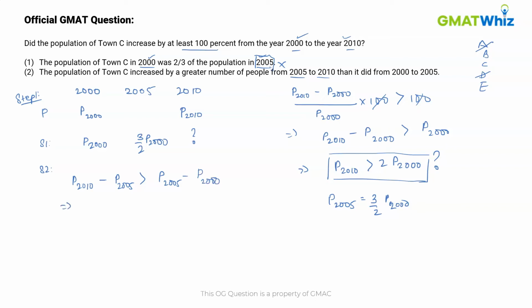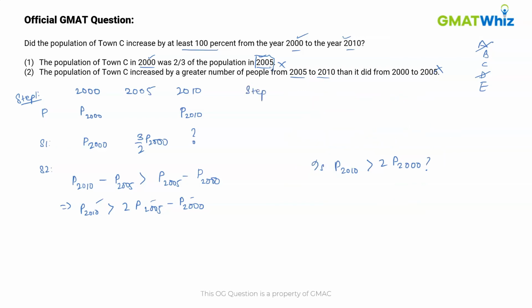Now using this we can write P of 2010 is greater than 2 times P of 2005 minus P of 2000. Now since we don't know any relation between 2005, 2000 and 2010, we see that statement 2 is also insufficient. We now move on to step 3, which is the analysis of both the statements combined.